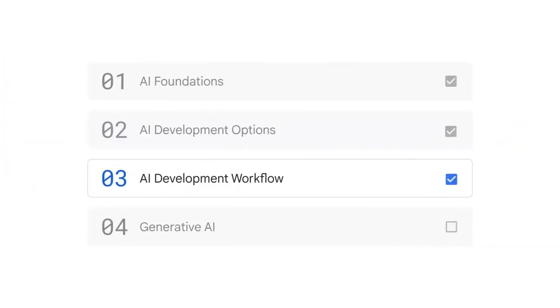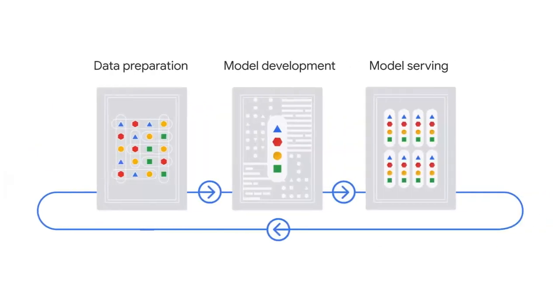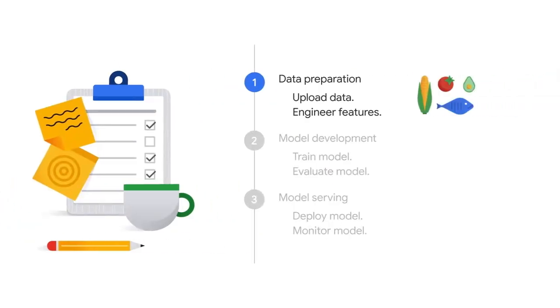With a grasp of the various options for developing an ML project, you are now ready to build your own ML model. In the third module, you walked through the ML workflow and explored how to create an automated pipeline. You began with the 3 main stages of the machine learning workflow with the help of the restaurant analogy. In stage 1, data preparation, you uploaded data and applied feature engineering.